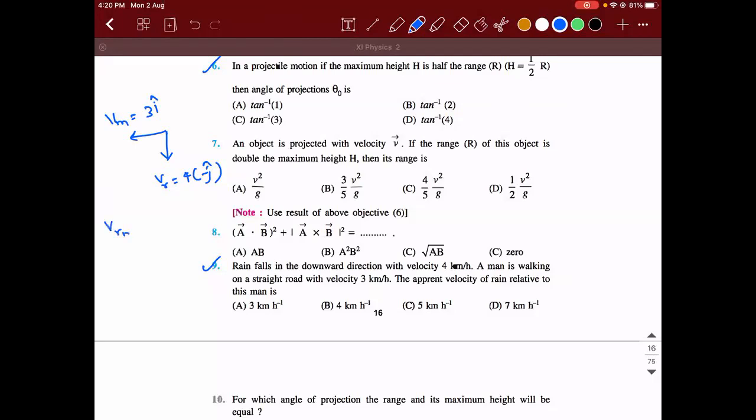So velocity of rain with respect to man is velocity of rain minus velocity of man in the vector form. So this will be minus 4j cap minus 3i cap. So what will be the value, guys? What will be the magnitude? Velocity of rain with respect to man will be root of 3 squared plus 4 squared. So 3, 4, 5. Answer is 5 kilometers per hour.